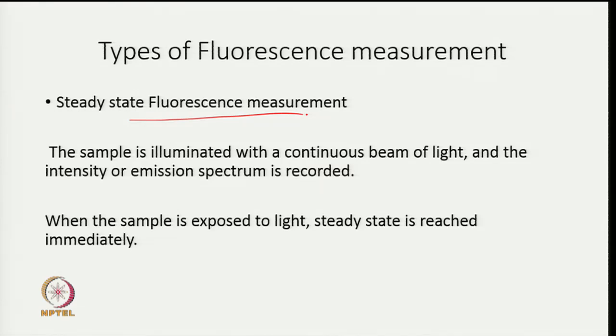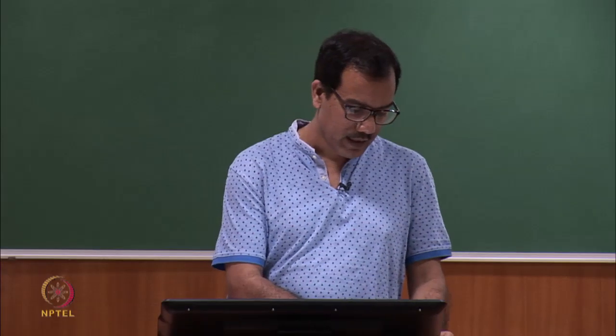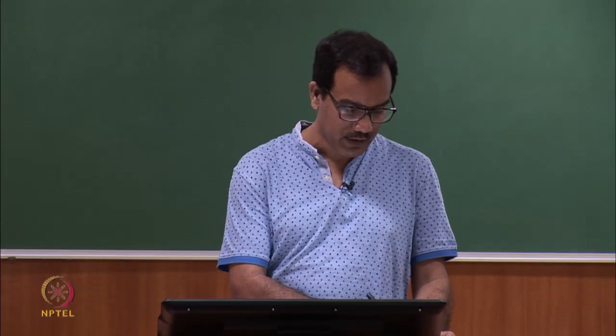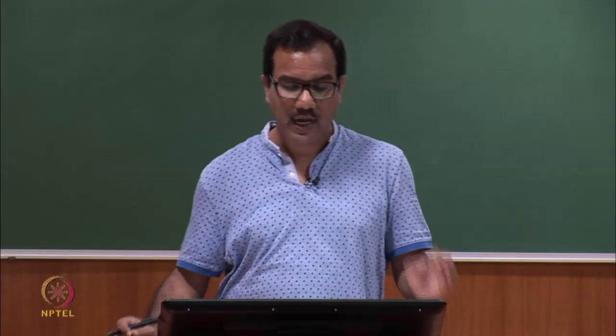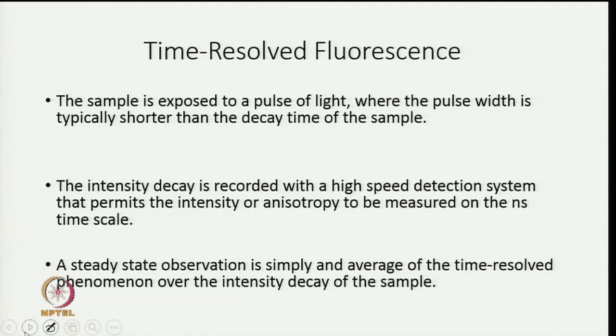Here when the sample is exposed to light, steady state is reached immediately, whereas in the second kind of measurement, which is known as time resolved fluorescence measurement, the sample is exposed to a pulse of light, not the continuous light.